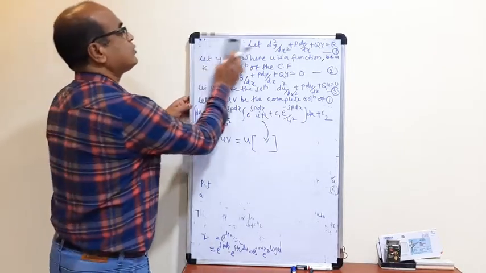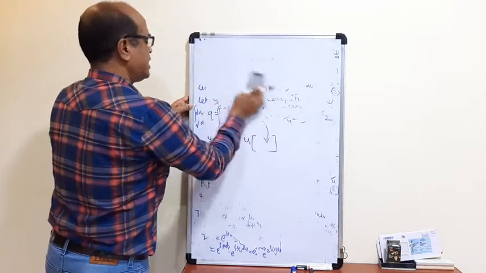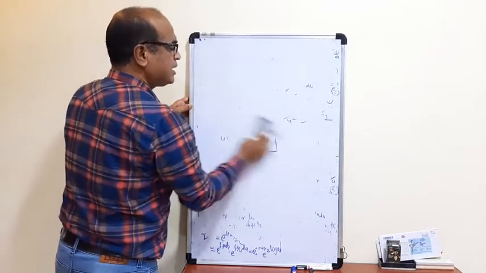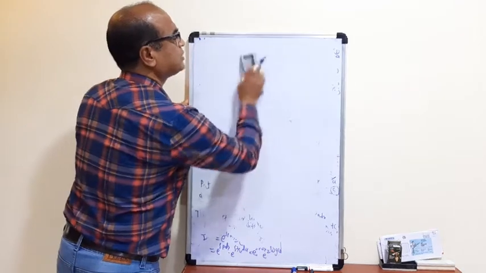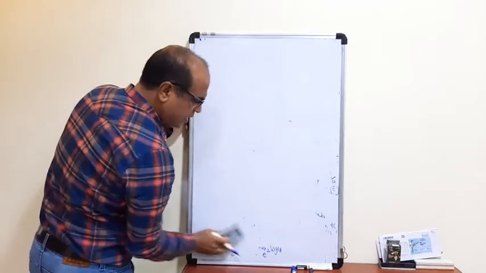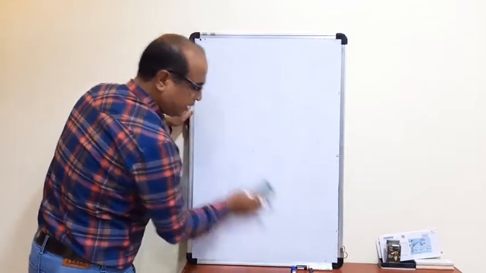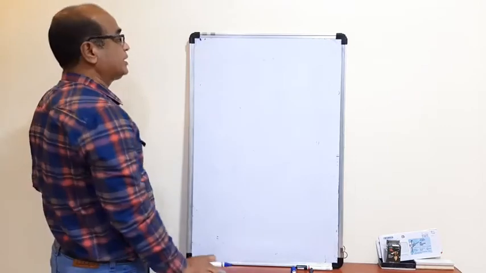Okay, so what is the method of solving the differential equation, and how do we find the known solution? There are some rules to find the solution of differential equations.